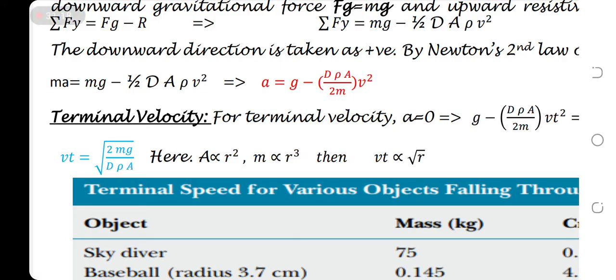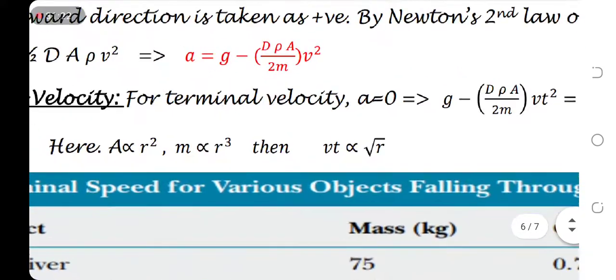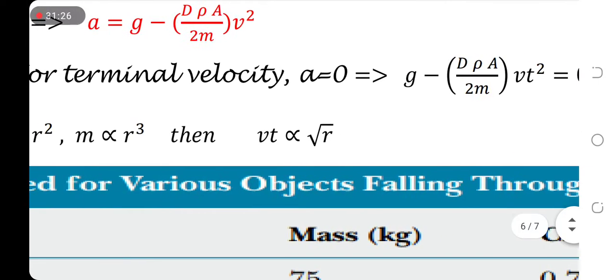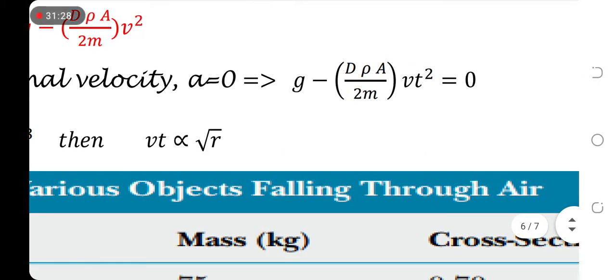Terminal velocity for a high speed. When acceleration becomes zero, then the velocity of the body becomes constant. That constant velocity is called the terminal velocity.